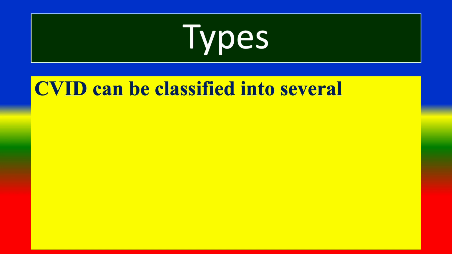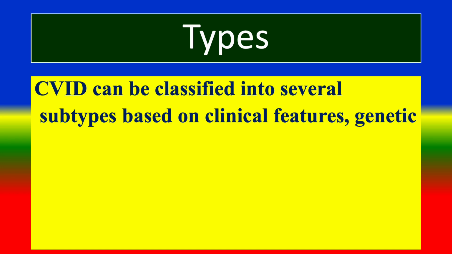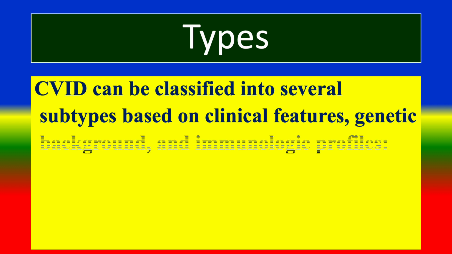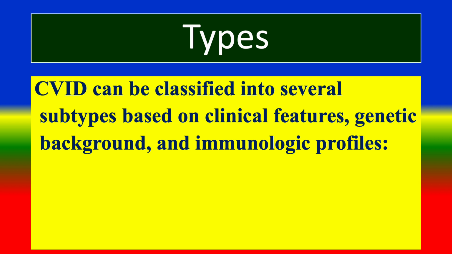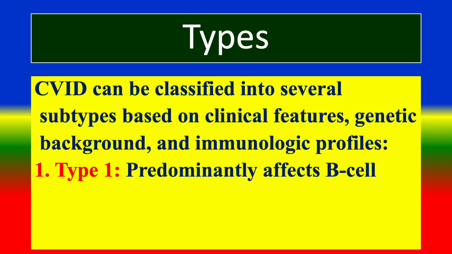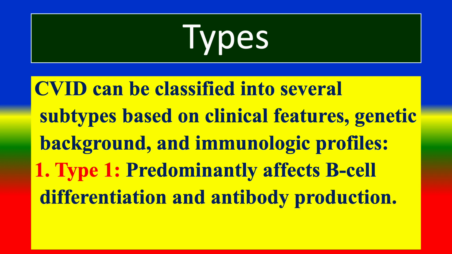Types. CVID can be classified into several subtypes based on clinical features, genetic background, and immunologic profiles. 1. Type 1 predominantly affects B cell differentiation and antibody production. 2.